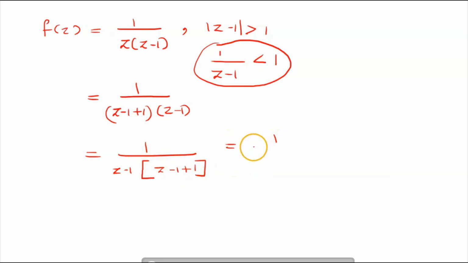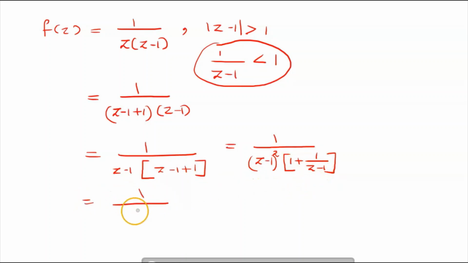That is 1 by z minus 1, taking z minus 1 outside, (z minus 1) all square, 1 plus 1 by z minus 1.